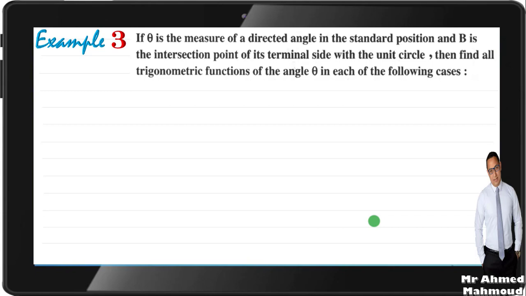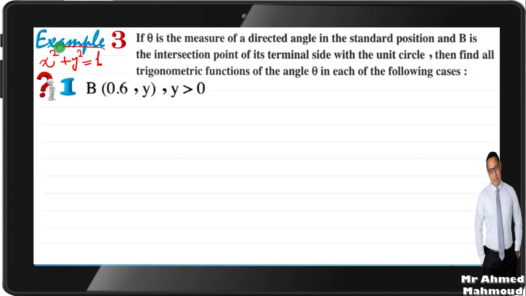Example 3. If theta is the measure of the directed angle in standard position, and B is the intersection point of its terminal side with the unit circle, then find all the trigonometric functions of theta in each of the following cases. This is exactly as we studied in example 1, but here there is a missing number. To get y, remember with me, x to the power of 2 plus y to the power of 2 equals 1.